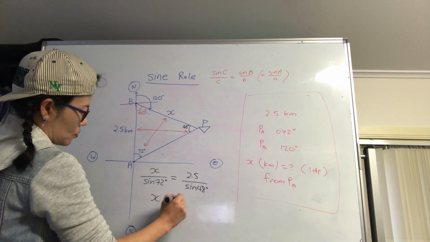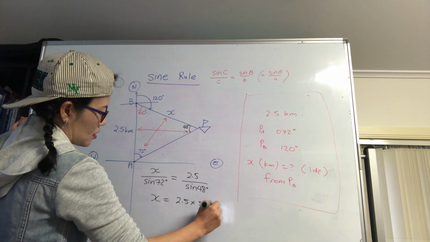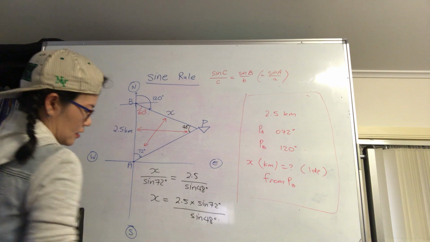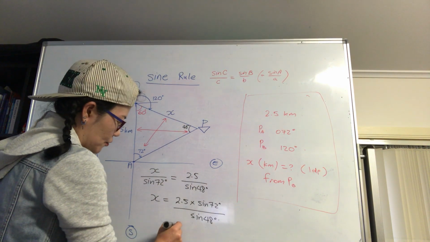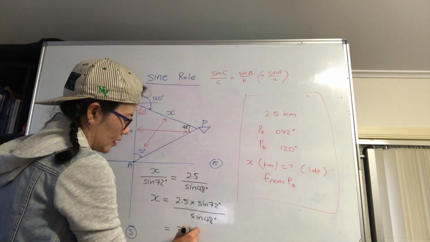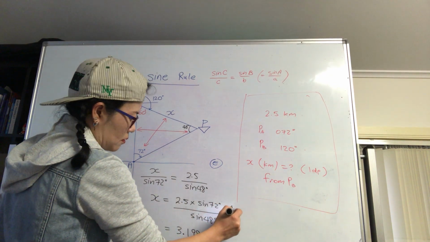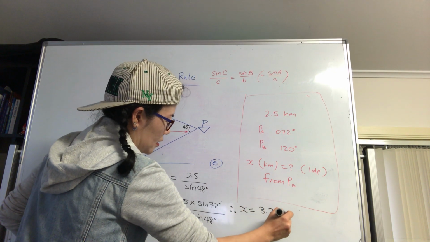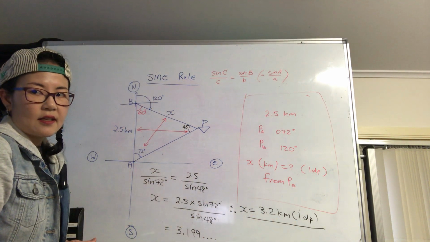I will get X equals 2.5 times sine 72 degrees over sine 48 degrees. And if you put it in a calculator, you will get 3.199 something. Okay? So, therefore, my X equals 3.2 kilometers to one decimal place. Okay? That's what it is.